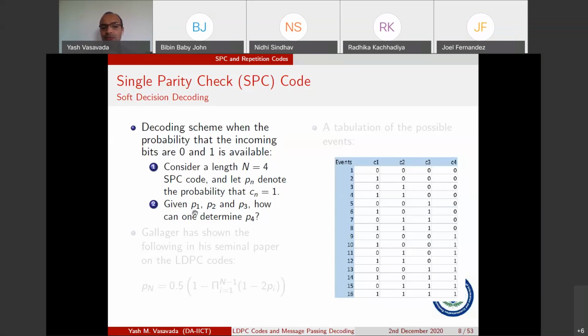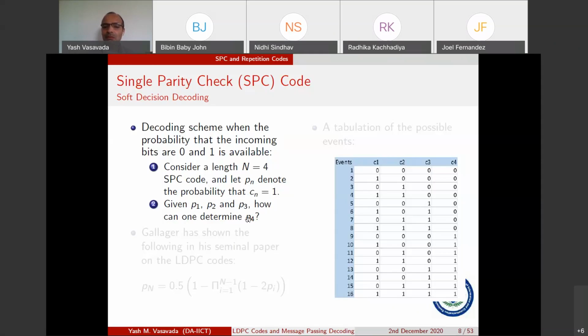If I look at the first 3 bits at the decoder, and I am told that the probability that the first bit is 1 is very high, P1 is almost 1, P2 is also very high, say 0.99, and P3 is also pretty high, maybe 0.98, then I know the first 3 bits are most likely going to be 1.